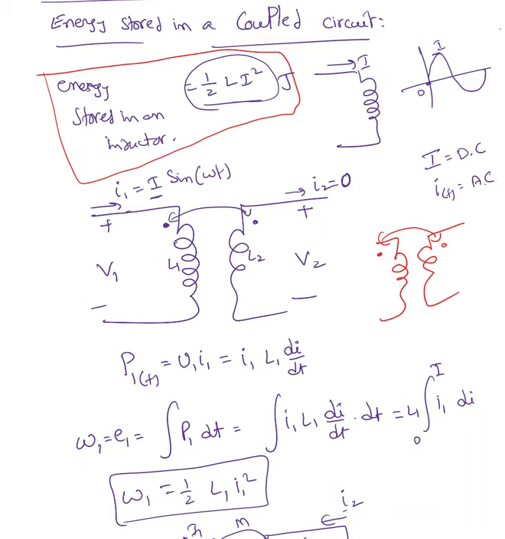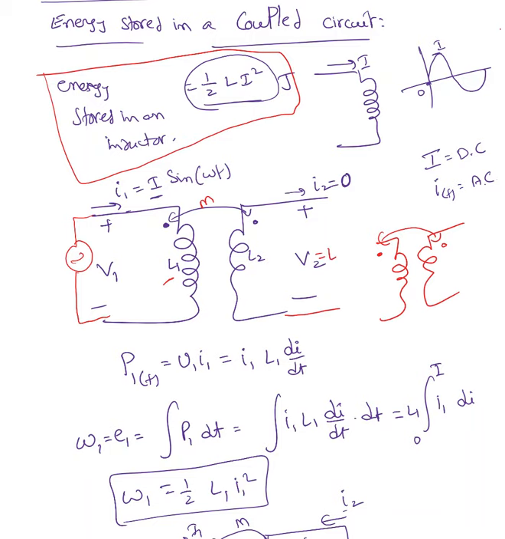Now here, two coils are kept side by side, and there is a mutual inductance M. I connected an AC source to coil 1, L1. The current passing through it is I1 equal to I maximum sine omega t, and nothing is connected to coil 2. Because of the mutual inductance M, there is an induced EMF in coil 2.